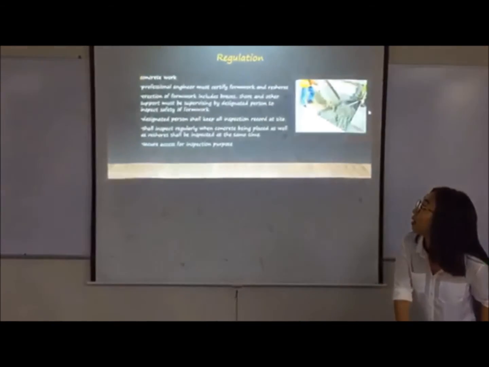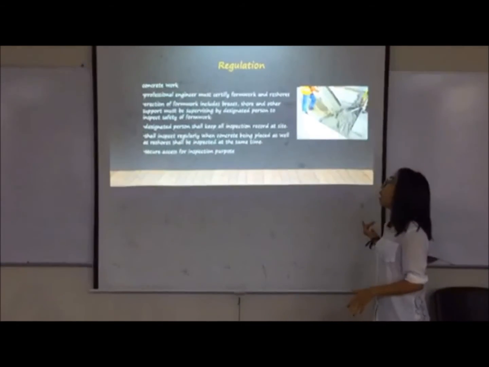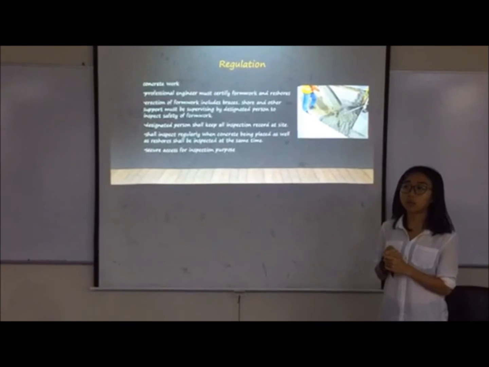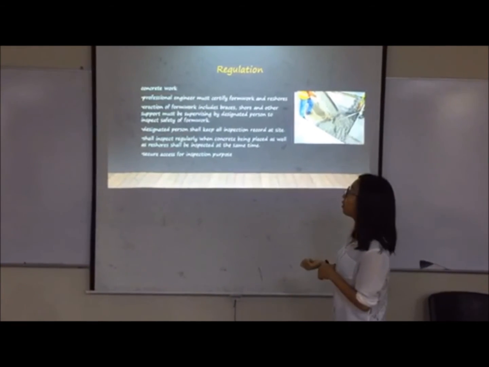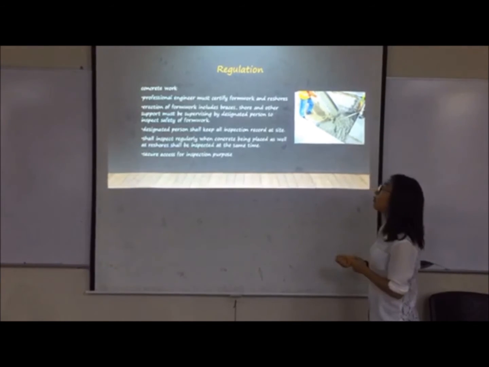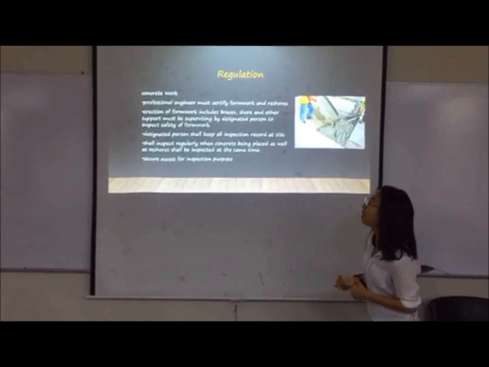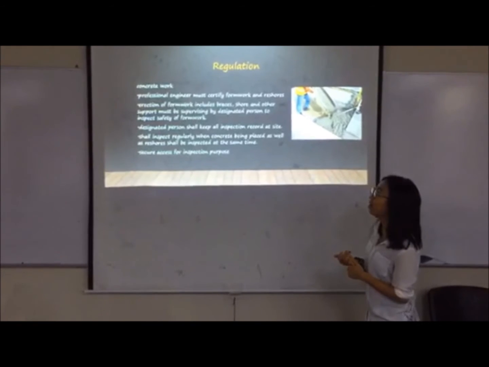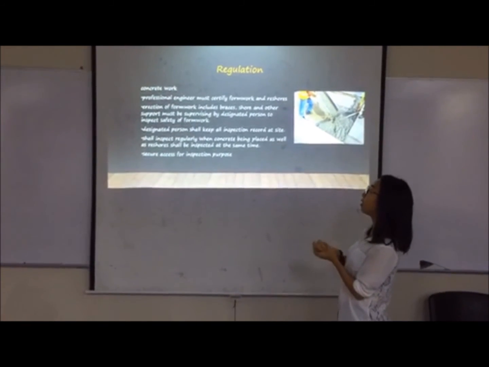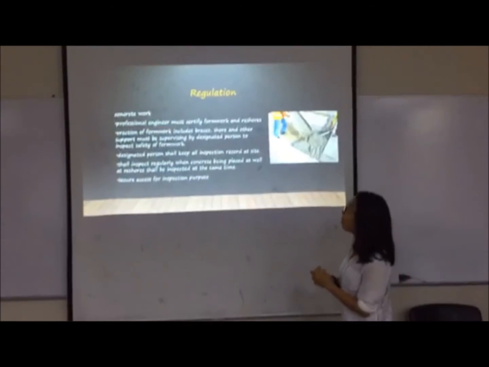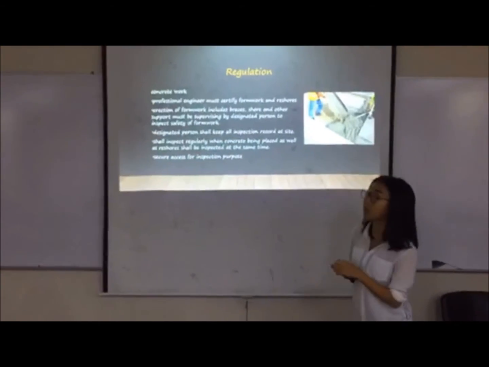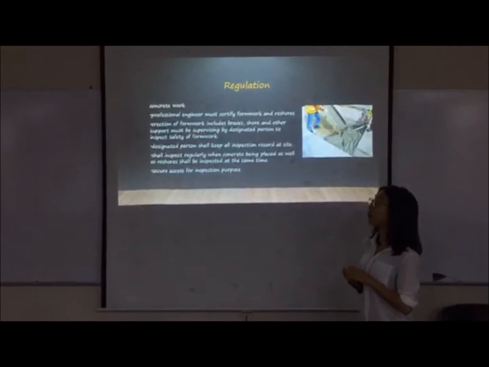So this is the regulation related to the site work. The first one is the concrete work. The professional engineer must certify formwork and falsework, and then erection of formwork, including brace, shore, and other support, must be supervised by a designated person to inspect the safety of formwork.